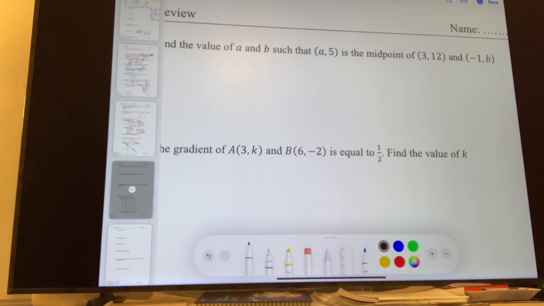So this is your gradient 1, and what you are trying to find is gradient 2. Your gradient 1 is 3/4. Times it by gradient 2 equals -1. This gradient, I'd use it for this equation. Whatever you find out for m2 goes into here. And this is already fixed. You just need to change this number. Okay. Good.